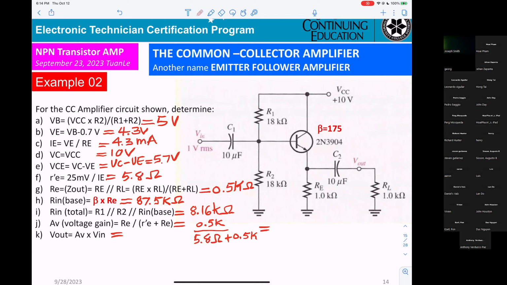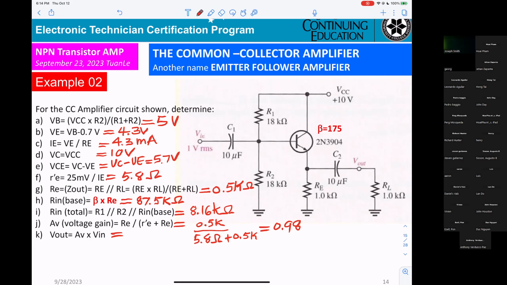Okay, someone get close to that value? Let me know. Yes, sir. It's 0.98. Okay. 0.9885. Okay, that's perfect.